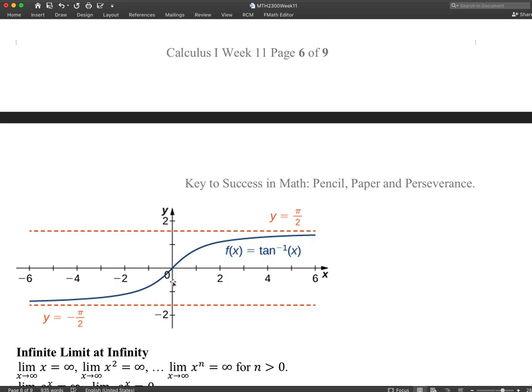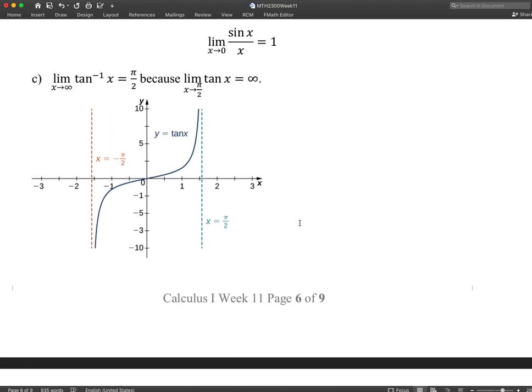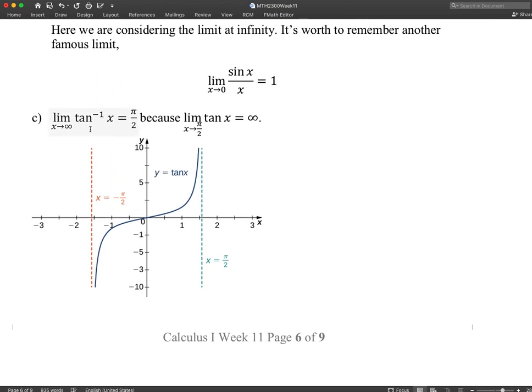Basically, it simply says that as x approaches infinity, tangent inverse approaches π/2. So this is the result I provided: the limit as x approaches infinity of tangent inverse of x is π/2.